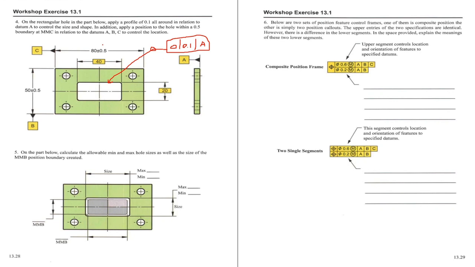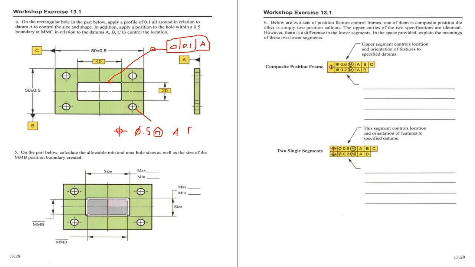And then for the position for these holes, this is the symbol of position. Then the tolerance is in diameter, which is 0.5 at MMC. So we will add the maximum material condition symbol, MMC, and with datum A and B with maximum material boundary.